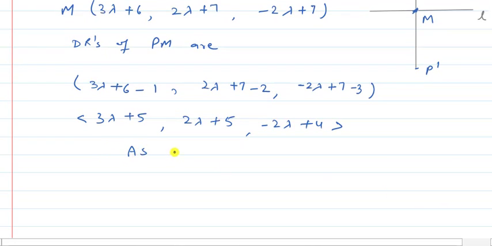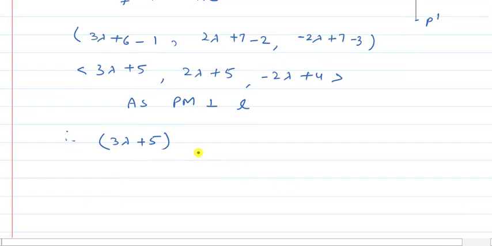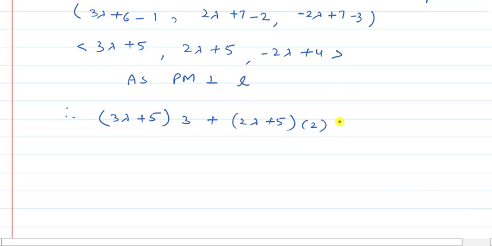We'll write here PM perpendicular to L. Therefore 3 lambda plus 5 into the first direction ratio of the line, which is 3, plus 2 lambda plus 5 into the next one, which is 2, I think. Let me check it. Yes. And the next one is minus 2 lambda plus 4 into minus 2, and this is equal to 0, because this is nothing but simply the dot product x1 x2 plus y1 y2 plus z1 z2.